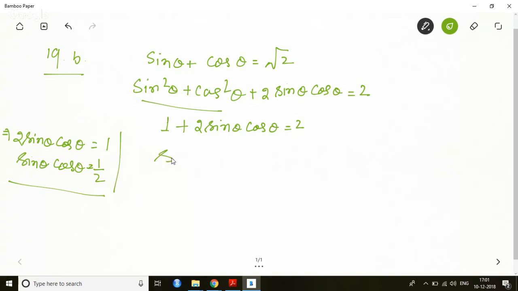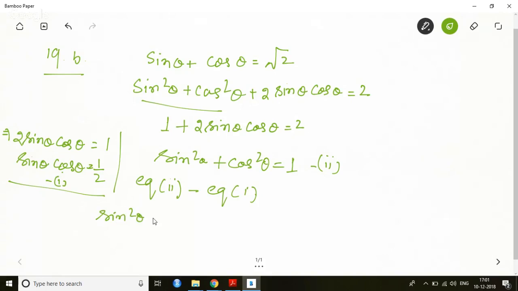Now I know that sine square theta plus cos square theta is equal to 1. So this is equation 1. This is equation 2. I'll divide equation 1 by equation 2. So I get sine square theta plus cos square theta divided by sine theta cos theta is equal to 1 divided by 1 by 2, which is equal to 2.